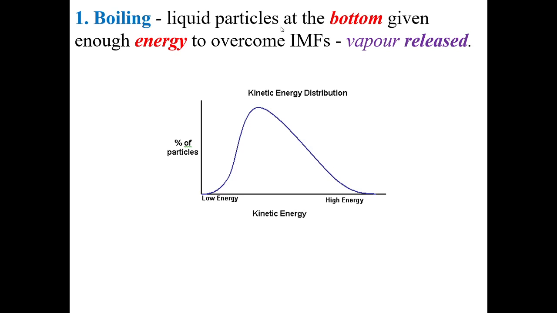The energy coming out of your stove heats the bottom of the pot and puts it into the water at the bottom. That's the hottest spot, and so the highest amount of energy, and so that turns into a gas right at that point. Those molecules are getting enough energy to expand, to move really, really fast, to the point where that vapor is released. It turns to that vapor state. And then those bubbles rise to the top of your pot and then bubble and break, and then you get the steam coming off.